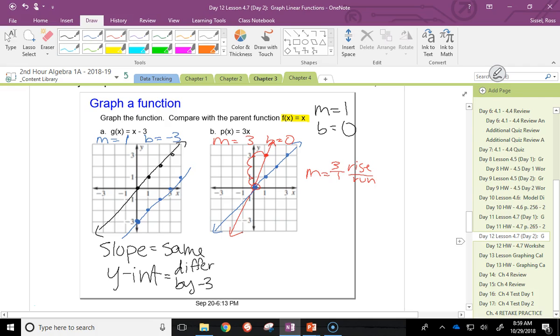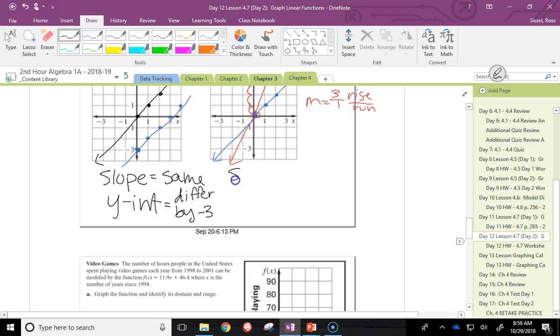Yes? That's exactly what I got. So everyone should have the exact same graphs and the exact same answers. So what are the two things we need to compare? Slope and y-intercept.